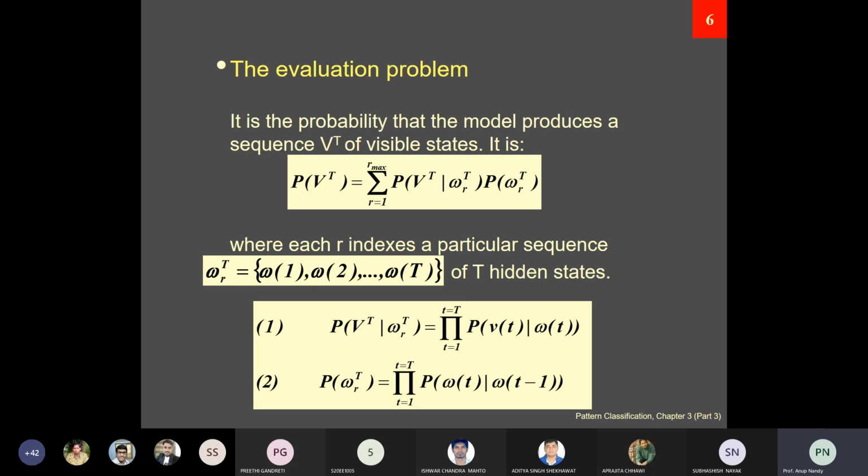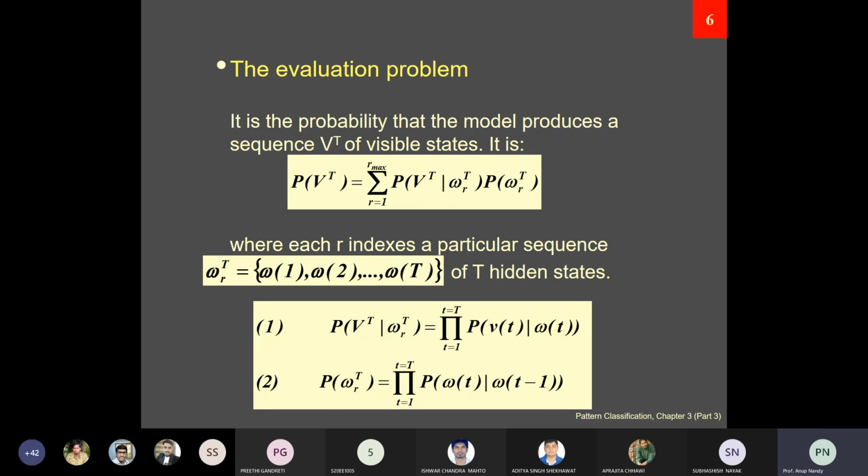So to calculate P(VT), the probability of generating the visible sequences, how are we going to compute it? r goes from 1 to r max, where r max is the maximum number of sequences you have. Then the probability P(VT given WrT): what is the probability of generating these visible sequences given the hidden states?